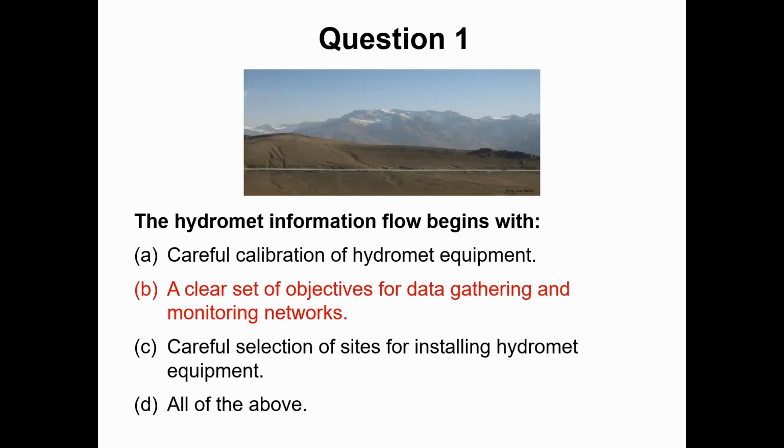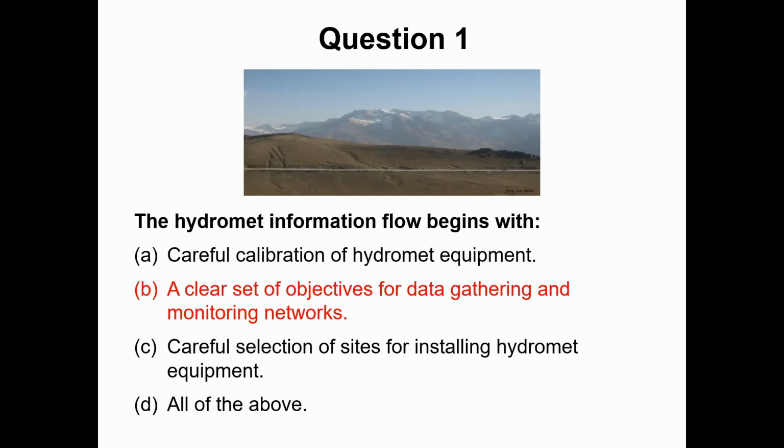Here's the answer. Actually, all of these other points are important. It is important to ensure that the equipment is carefully calibrated. It's also very important to ensure that stations and where we're undertaking the observations are appropriate.